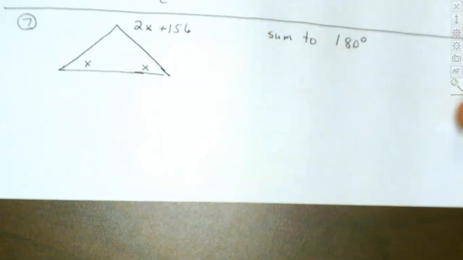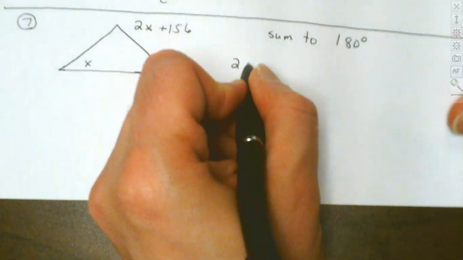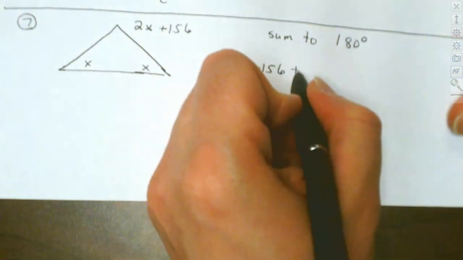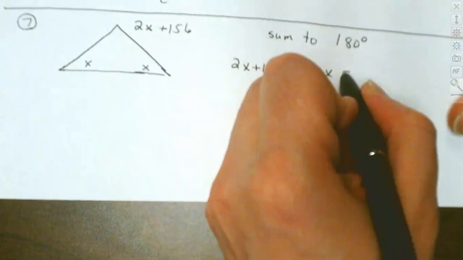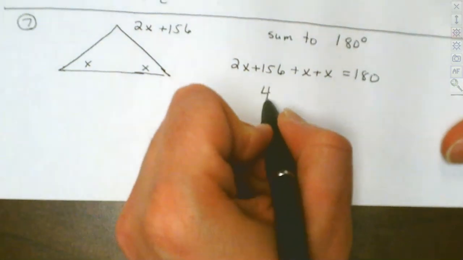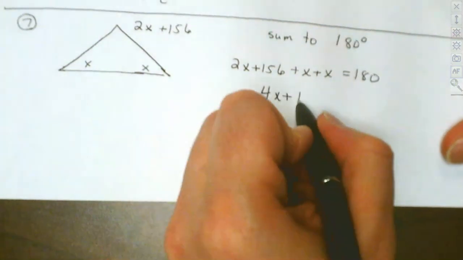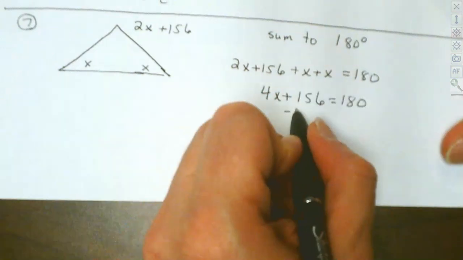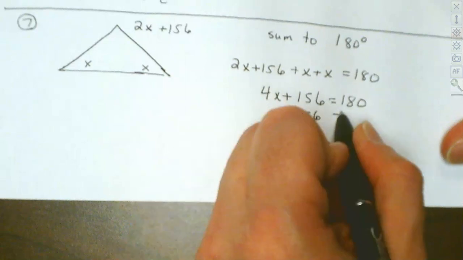So it sums to 180. Nothing new there. So now we've got 2x plus 156 plus x equals 180. Students generally do not struggle with this part. It's the last step where we forget to finish it. So combining, that makes it 4x plus 156 equals 180. We'll move that 156 over.